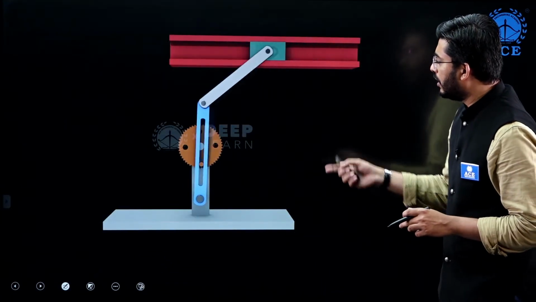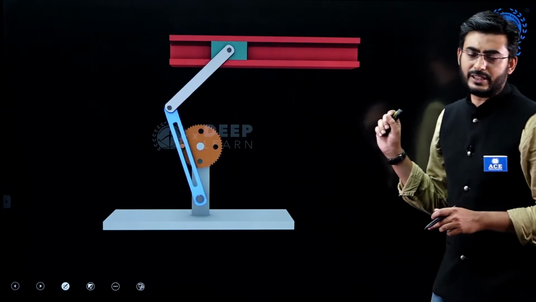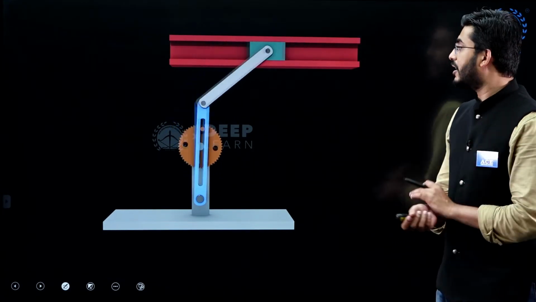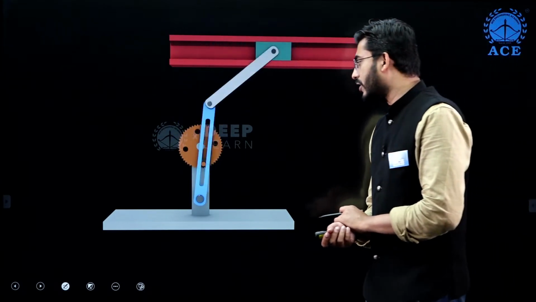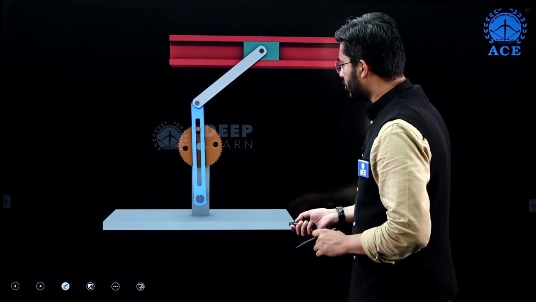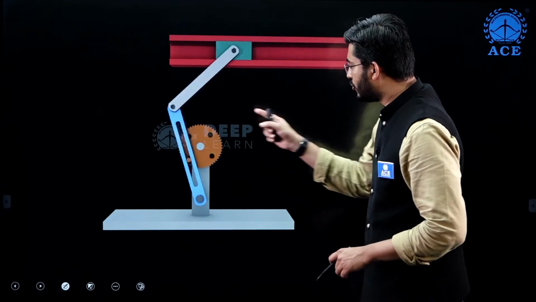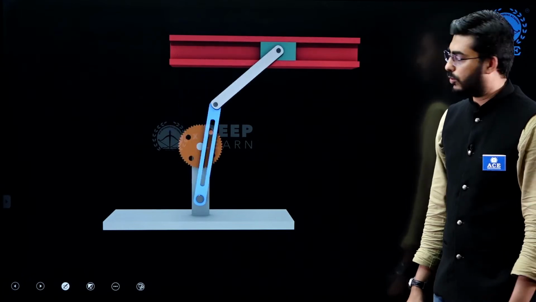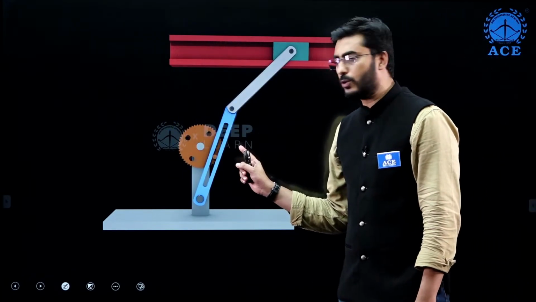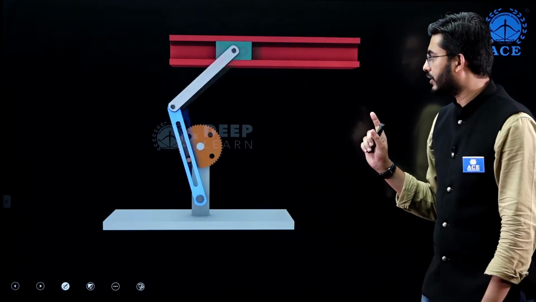This is an animation describing the working of the crank and slotted lever mechanism. In the crank and slotted lever mechanism, the slotted lever is going to complete oscillatory motion. Okay, the slotted lever is going to complete the oscillatory motion.